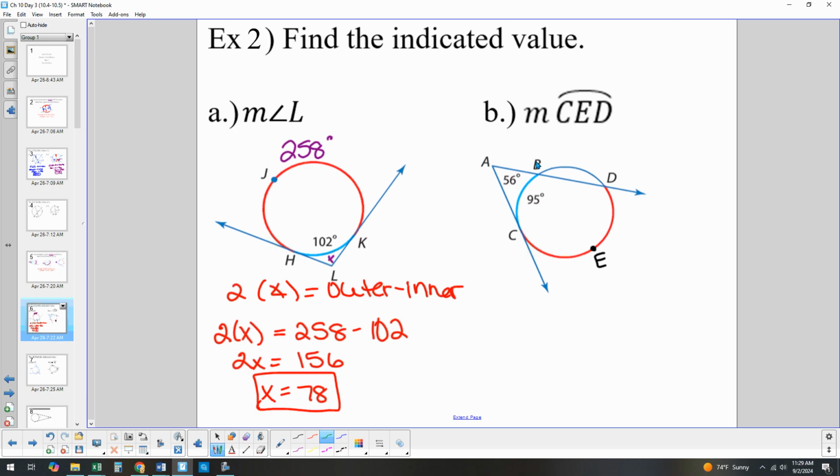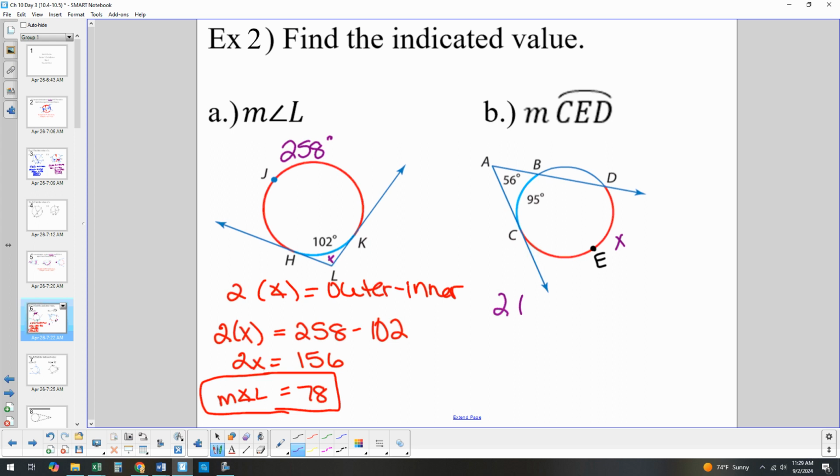For A, actually I should have said the measure of angle L is 78. I'm going to go back and change that. Okay. For B, I'm looking for the measure of arc CED, so this outer arc here. I'm going to put an X on it. So 56 is the angle, 95 is the inner arc, and now X is my outer arc.